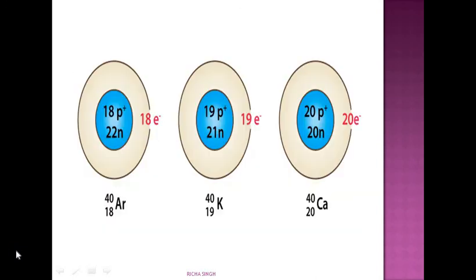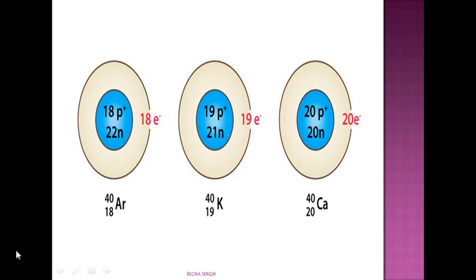Okay, let's see. Here you are seeing argon, potassium and calcium atoms. If we see the atomic number, it is different in all the three. It is 18, 19 and 20 respectively for argon, potassium and calcium. But if we see the mass number, that is the number of protons plus neutrons, it is the same, that is 40, 40 and 40 each.